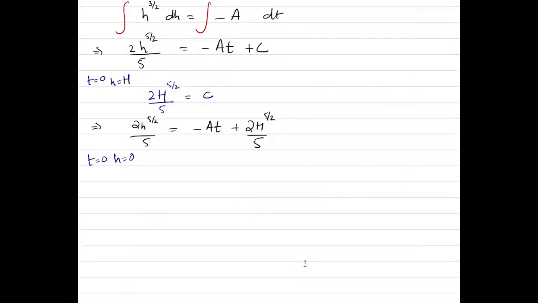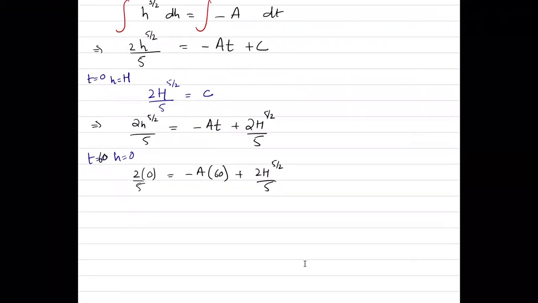So 0 equals 60a plus 2h to the power of 5 upon 2 upon 5.